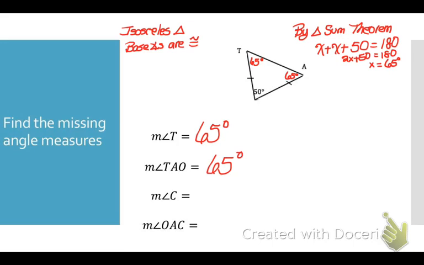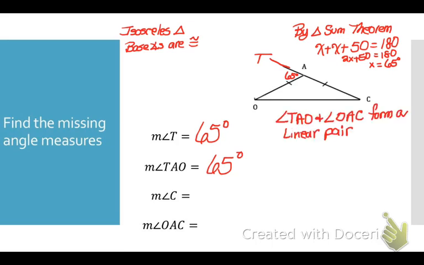All right, so now let's look at our other triangle. So again, I'm going to draw this on my paper without the first triangle, but I'm going to keep the degrees of angle TAO because I need to find angle OAC. Now, I notice that angle TAO and angle OAC form a linear pair.